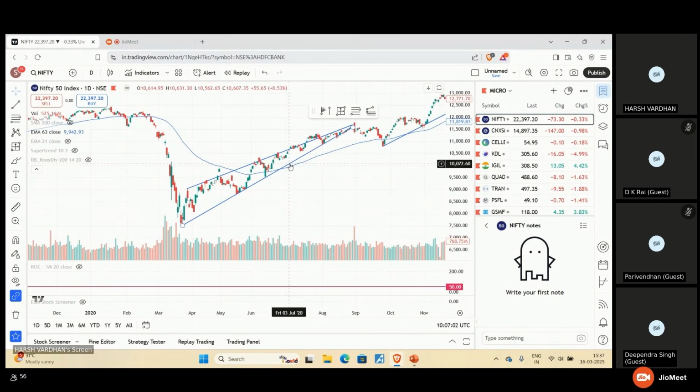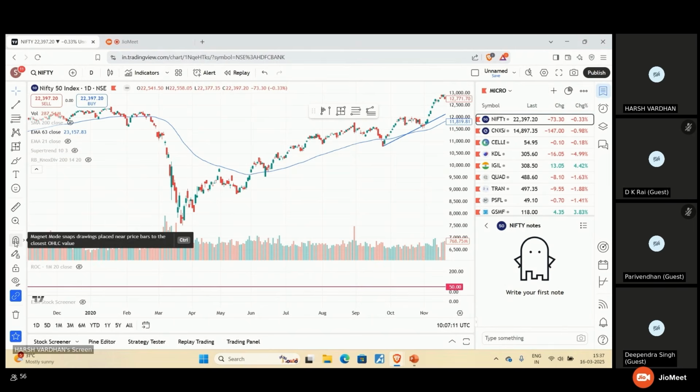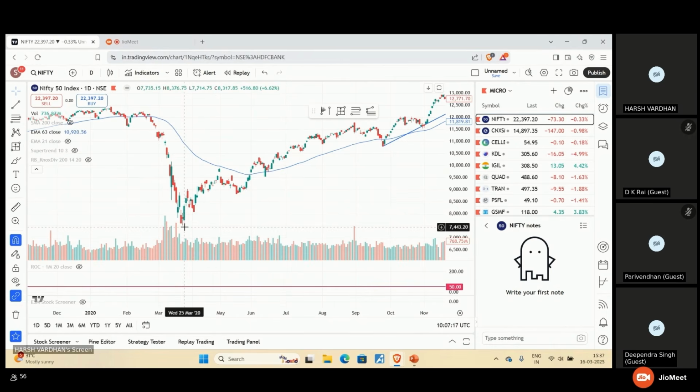Yeah, better. Let me delete this. This is the previous drawing which I made. Okay. So for drawing trend lines, you can click on this magnet button. Okay, this one. It will help you in drawing trend lines. It will automatically adjust the line to the nearest lowest point or the candle. It will align the line with the candlesticks basically.